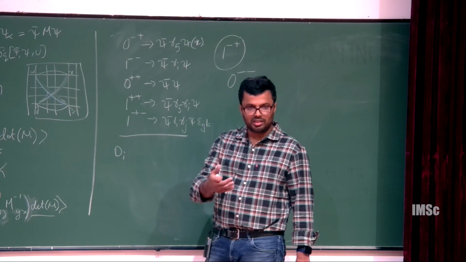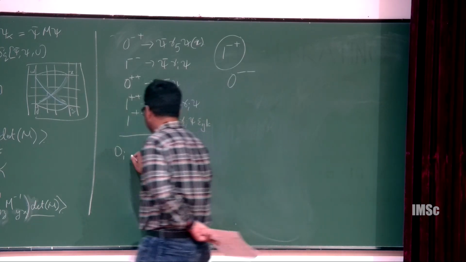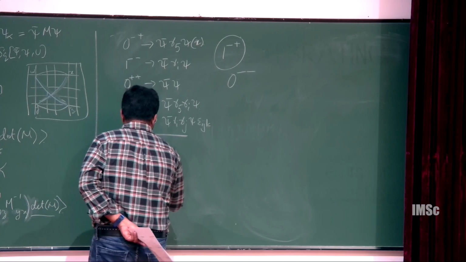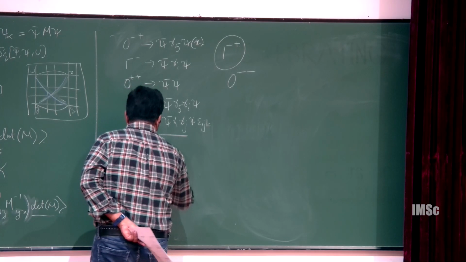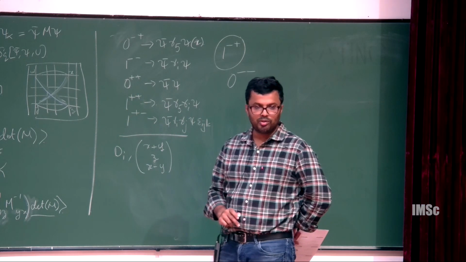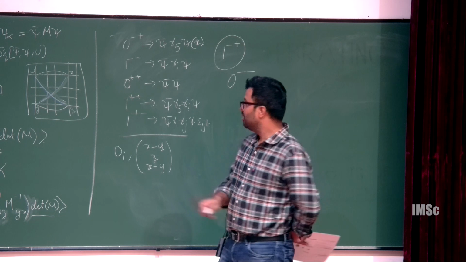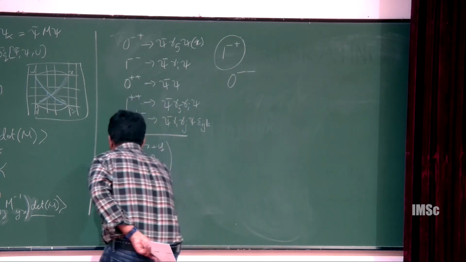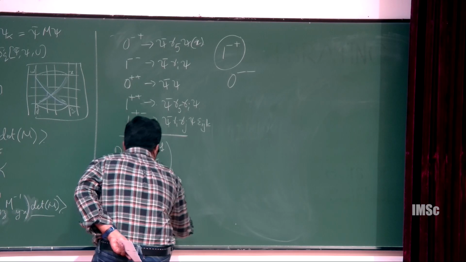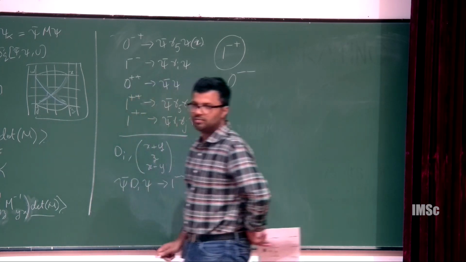And if you represent this in a circular basis, then this basically behaves or transforms like a 1 minus minus quantum number, which means that you can actually use psi bar D_i psi also for 1 minus minus.